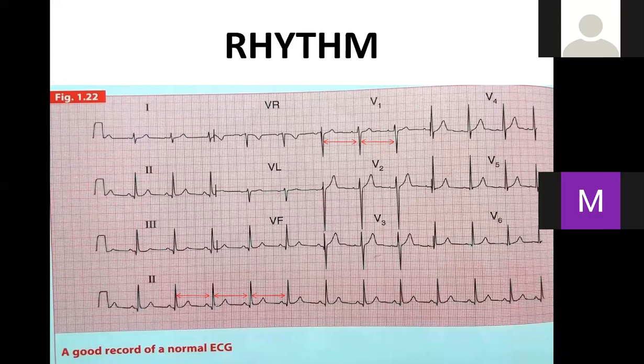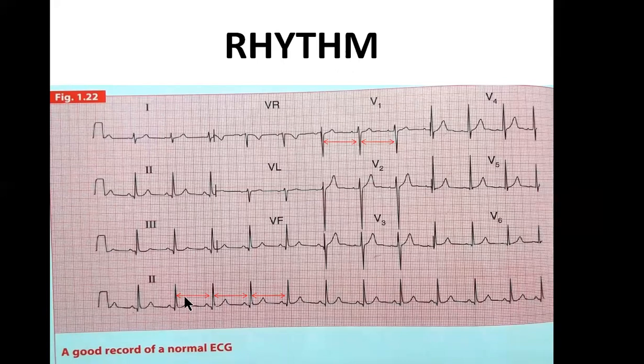This will be repeatedly mentioned: if the complex is narrow, the rhythm is supraventricular. This means it is coming from the sinus or some ectopic focus in the atria, or from the junction. So the first thing is that you want to see the regularity of the rhythm. You will see long lead 2. The RR distances should be equal.